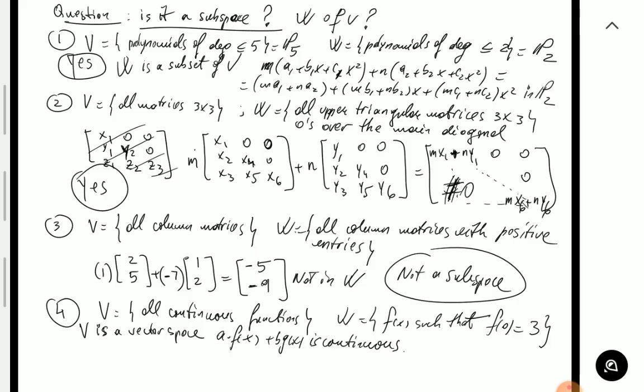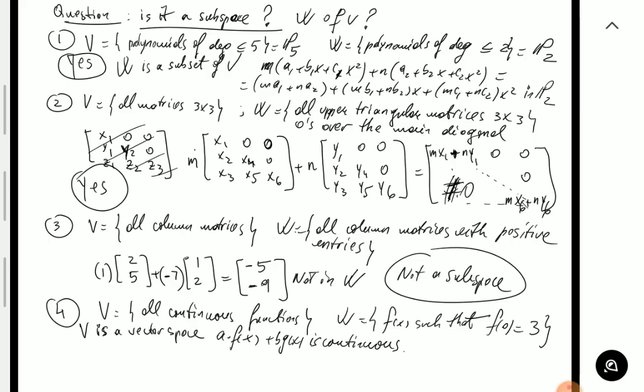Again, I'm not going to go over all the details, but what's the key thing to check to see if it's a vector space? The question is, is this linear combination also continuous? Remember, the definition from calculus says that a function is continuous if you take the limit, the limit exists, and it's equal to the function evaluated at the limit point.